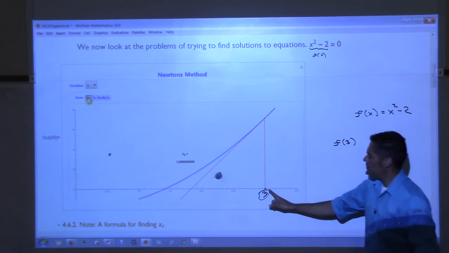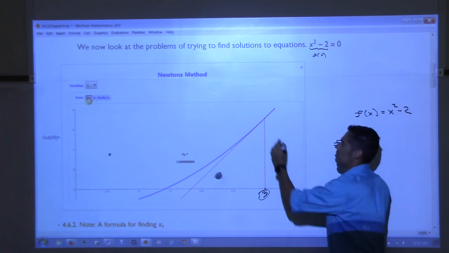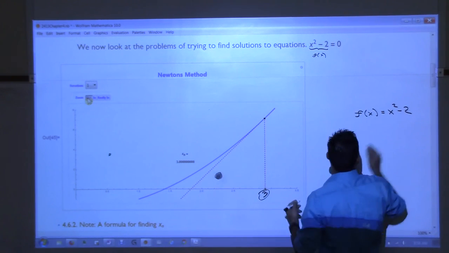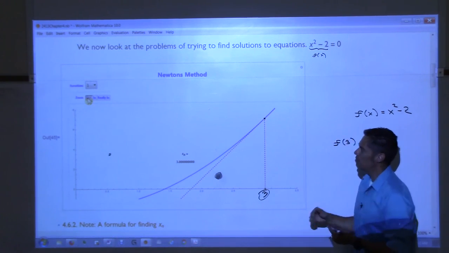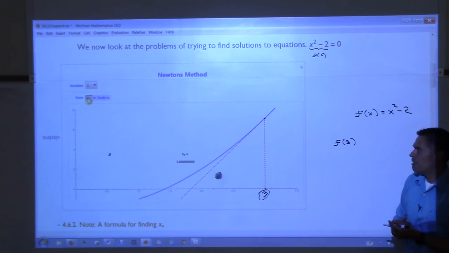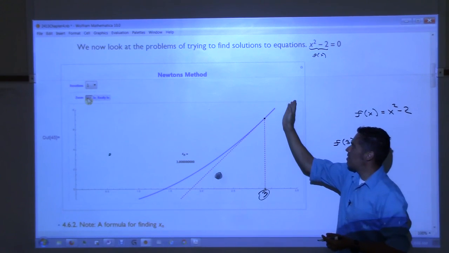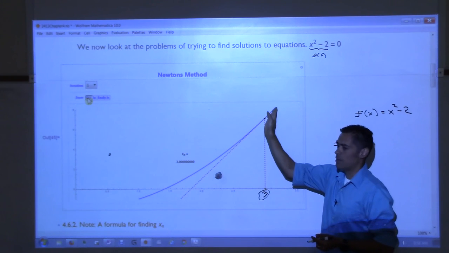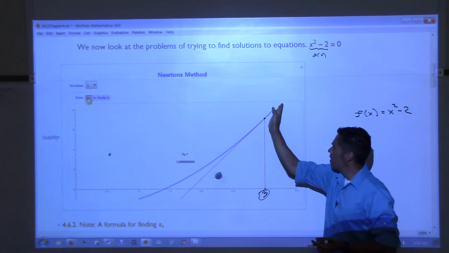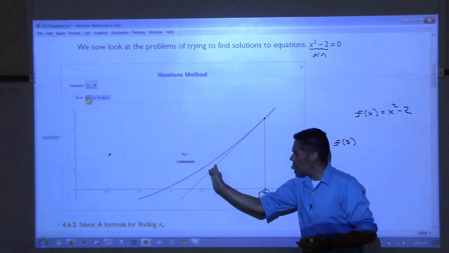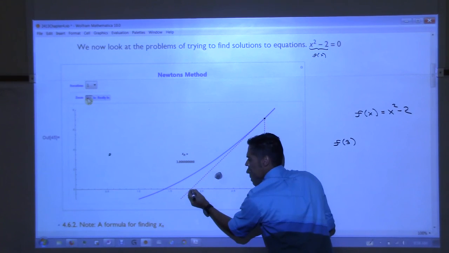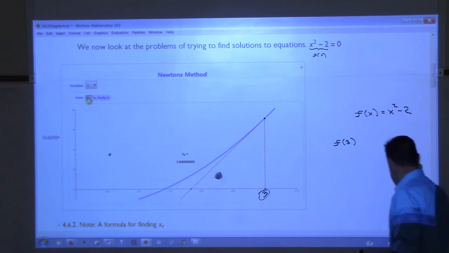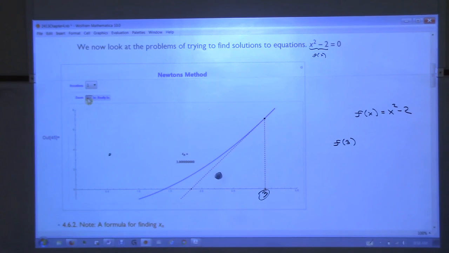We plugged it in, and here's the answer we got when we plugged in 3. What would it be? 9 minus 2, 7, right? So we get 7. Newton's method then does this. It takes the tangent line at that point. It extends that tangent line down to where it hits the x-axis. You see that right there? That is now my second guess.